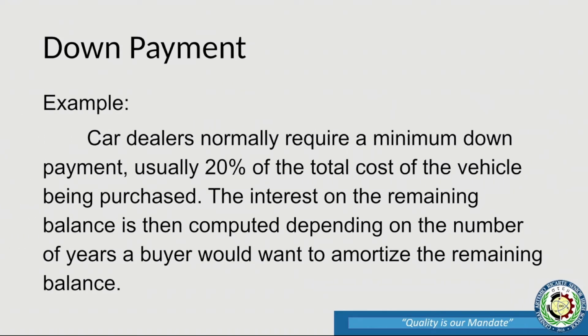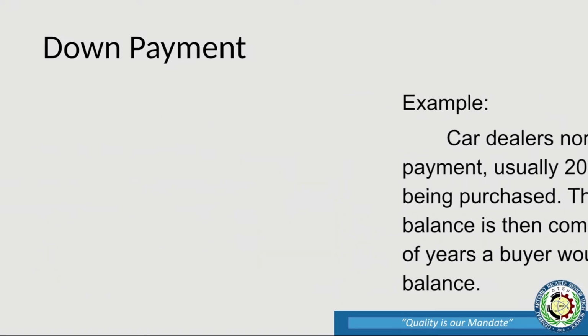For example, car dealers normally require a minimum down payment, usually 20% of the total cost of the vehicle being purchased. The interest on the remaining balance is then computed depending on the number of years a buyer would want to amortize the remaining balance.